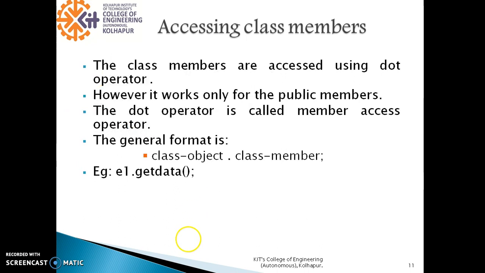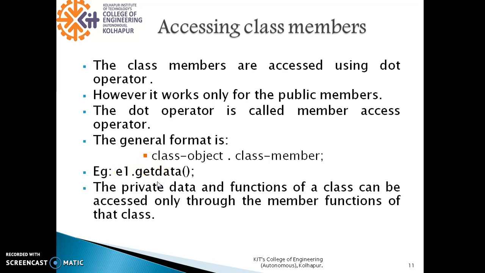The general format is object name dot the class member. For example, E1 dot get data. E1 is the object name, get data is the function name. The private data and functions of the class can be accessed only through the member functions of that class. It is not accessible outside the class.